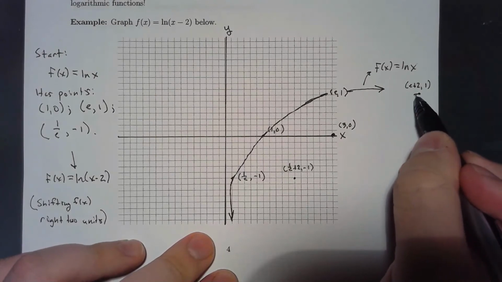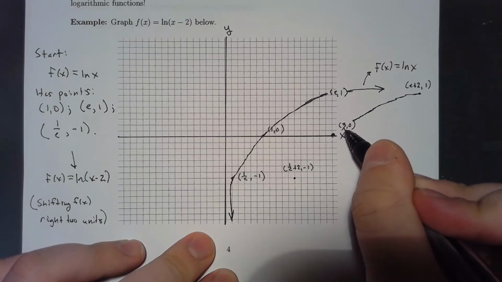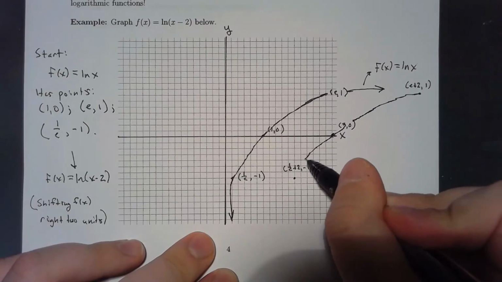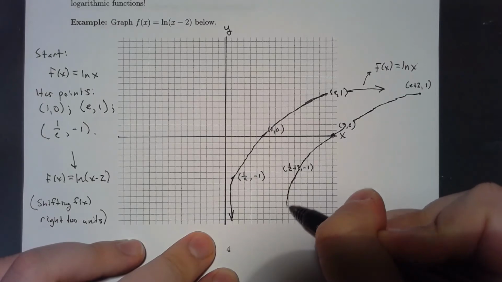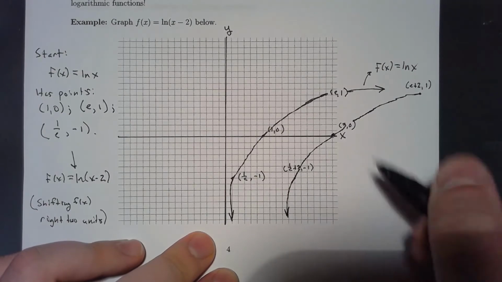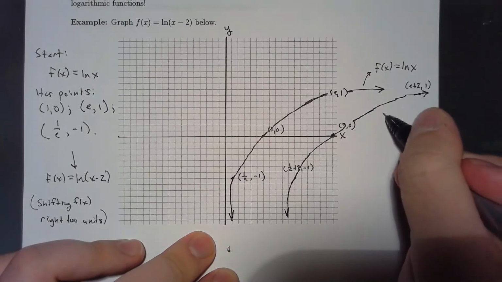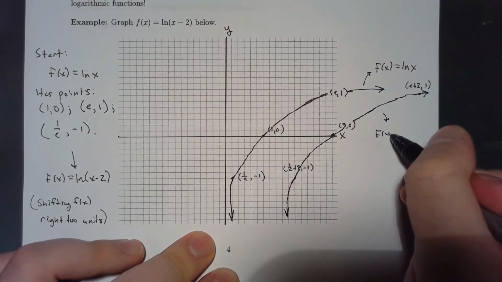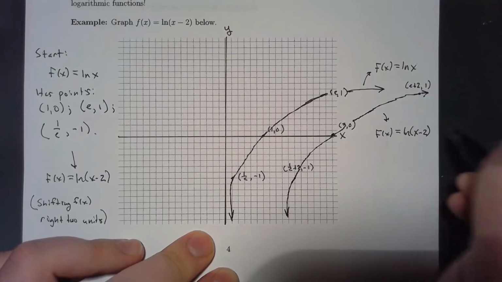So this graph right here is roughly the graph of f of x equals the natural log of (x minus 2).